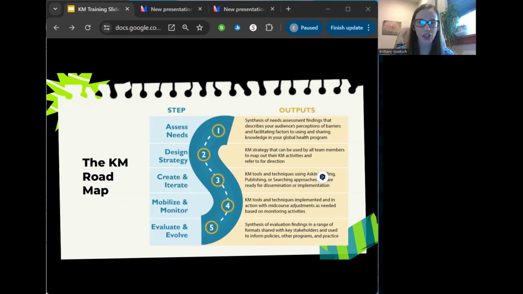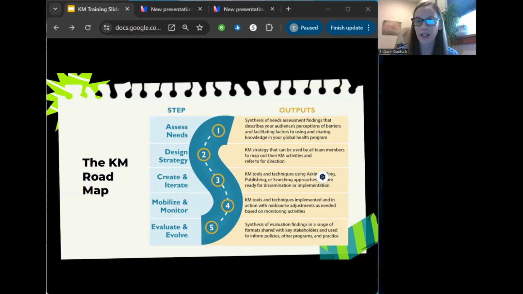All right, so this is just the overview of the KM roadmap. In the interest of time, I'm not going to get into all of these steps in a lot of detail, because we really want to hone in on the first step of assessing needs.